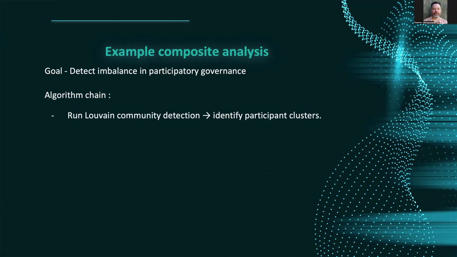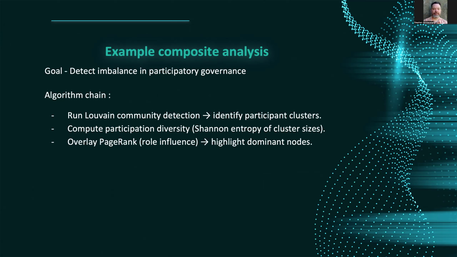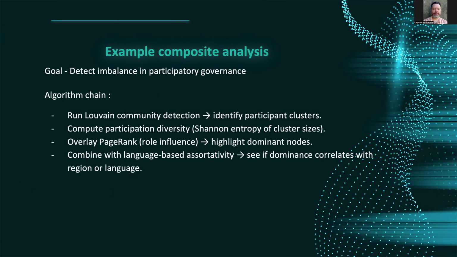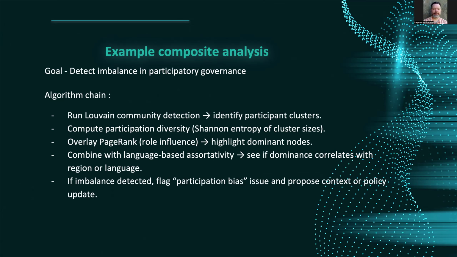Run a Louvain community detection to identify participant clusters, compute participation diversity using Shannon entropy of cluster sizes, overlay PageRank such as role influence to highlight dominant nodes, and combine with language-based assortativity to see if dominance correlates with region or language. And if an imbalance is detected, flag participation bias issues and propose context or policy updates to update the underlying graph.